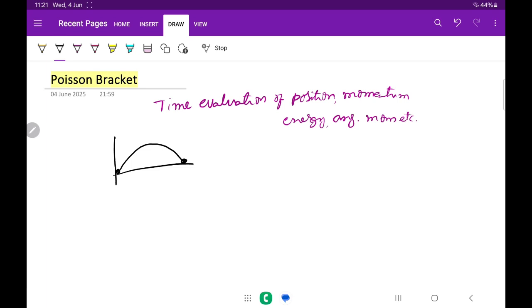In the process its height, speed, and position change every second. So this is called time evolution. Time evolution is nothing but how physical quantities change with time.